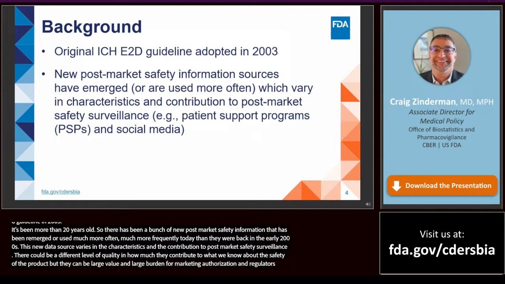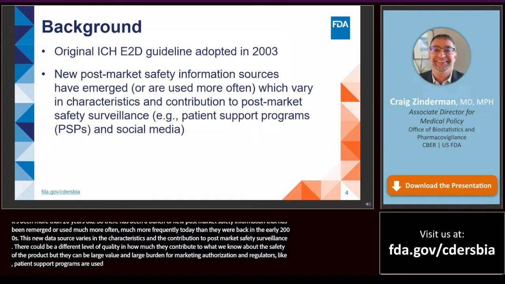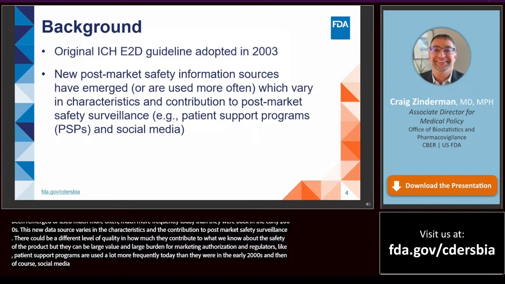Things like patient support programs are used a lot more frequently today than they were in the early 2000s. And then, of course, social media is much more widespread and a source for post-market safety data about medical products like anything else.